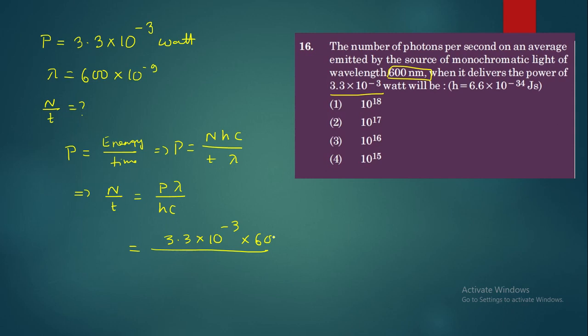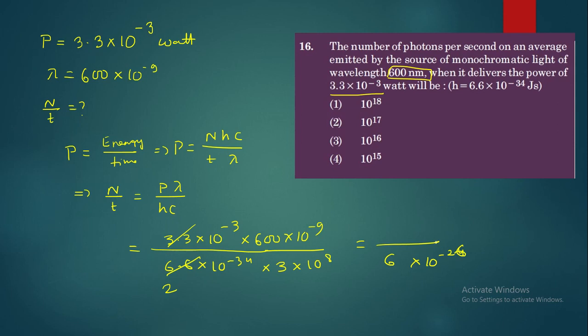Lambda is 600 into 10 power minus 9. h is 6.6 into 10 power minus 34. Then c is the speed of light, 3 into 10 power 8. Let me do the calculation. This is 2, so 2 into 3 is 6, 10 power minus 24, 26. Then this will be equal to 10 power minus 12 into 600.